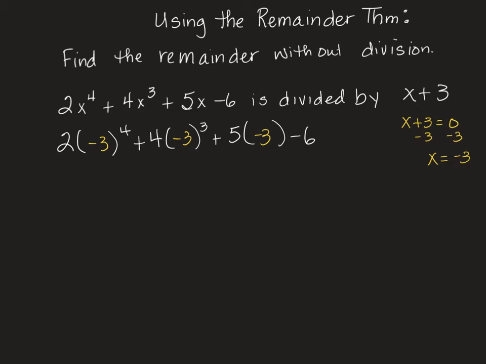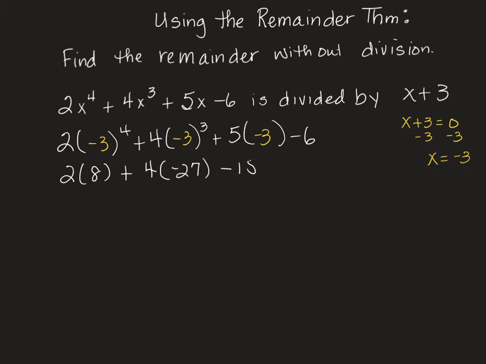Let's see. Negative 3, I'm sorry, to the 4th power is 81. So this is 2 times 81 plus 4 times negative 3 to the 3rd power is negative 27.